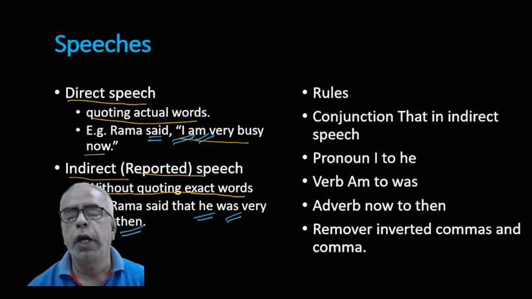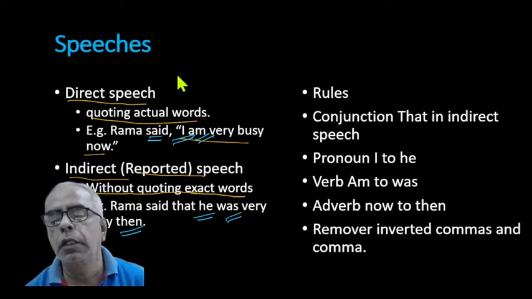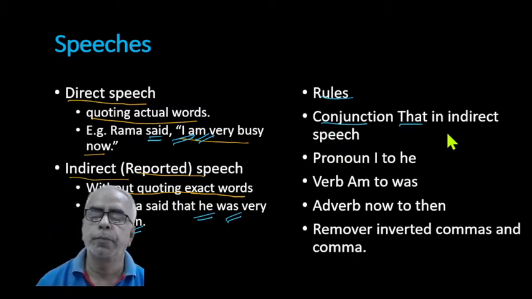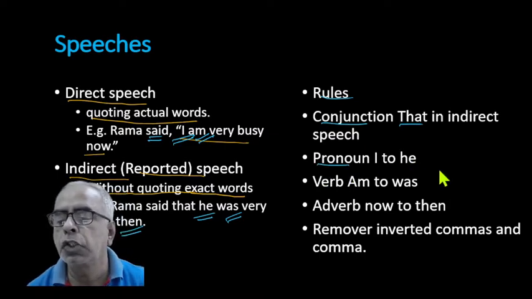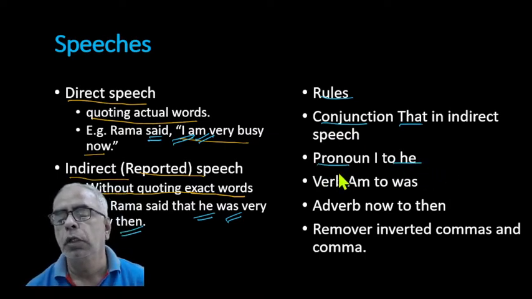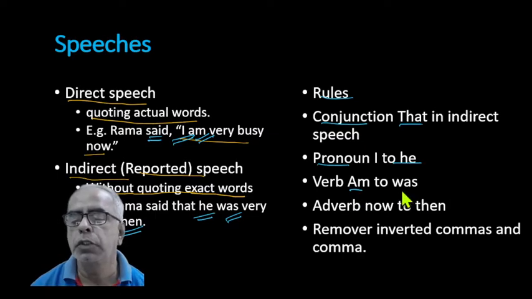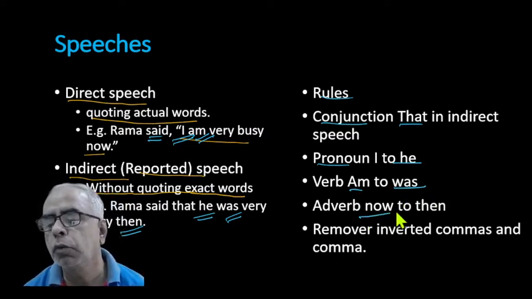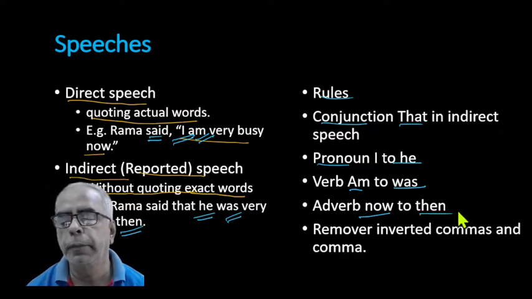So you need to identify all these things, and there are certain rules. For example, the conjunction that is present in the indirect speech, and the pronoun I changes to he. Then the verb am is changed to was, and the adverb now becomes then.